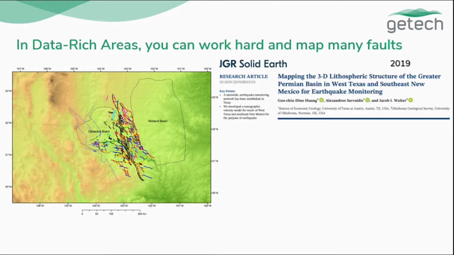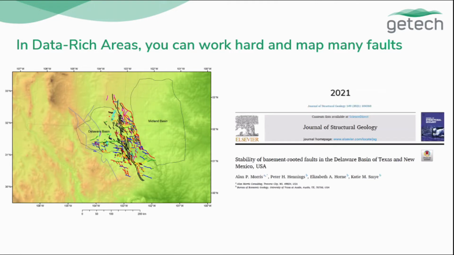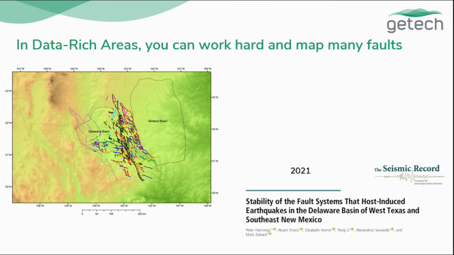And so the preliminary investigation of the big regional fault network was in 2019. Then we have a Bureau publication in 2020 that specifically laid out these faults. And then there's a series of publications in the scientific literature to explain what it means to have all of these faults mapped.